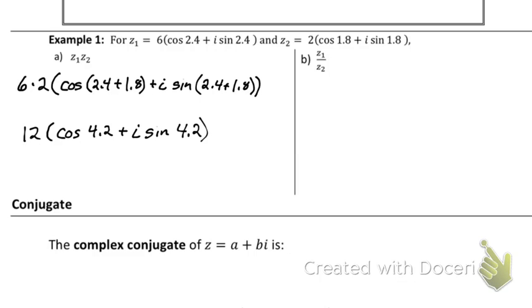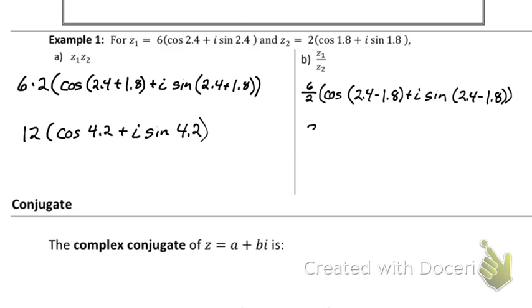Okay, let's go ahead and do that division one. The division one is going to look very similar. My first one is 6, and we'll divide that by 2. And then instead of adding our thetas, we're going to subtract them. So we're going to have cosine of 2.4 minus 1.8 plus i times sine of 2.4 minus 1.8, close parenthesis.